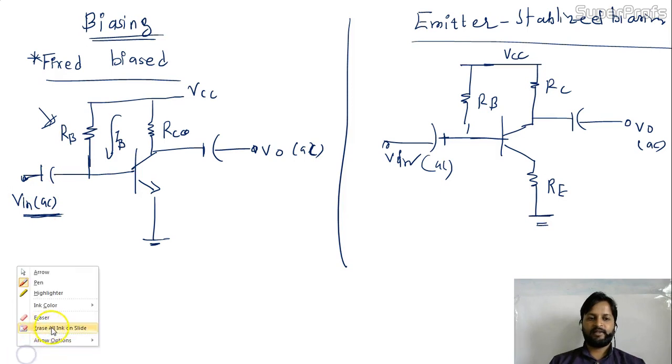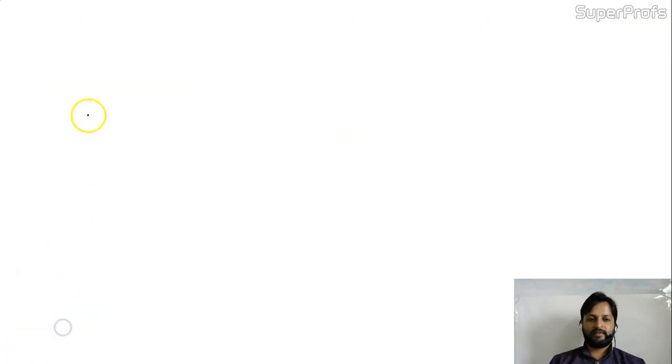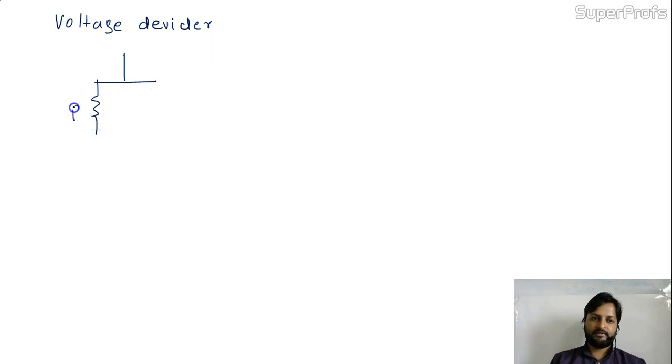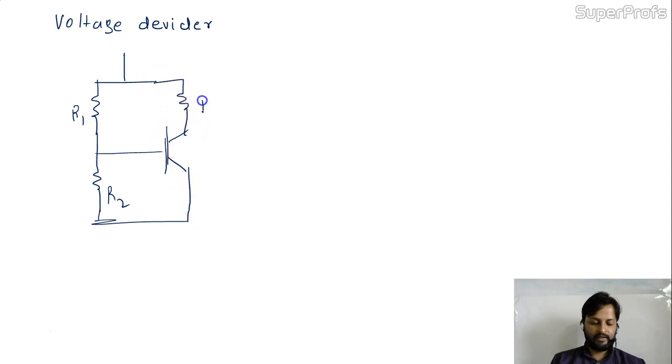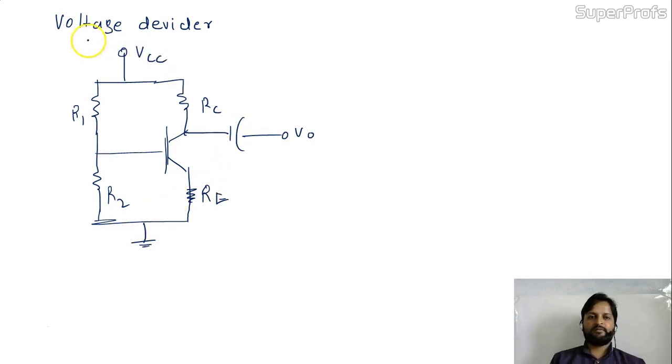Next biasing will be voltage divider biasing.